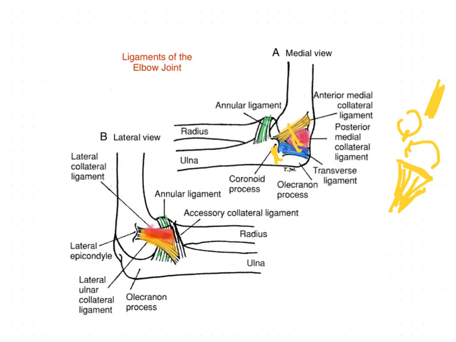Because the spread out type of insertion at an enthesis is also a mechanism for distribution of stress. That means this ligament is going to support such kinds of stresses. Normally on the medial side, the valgus stress is taken over by this medial collateral ligament.